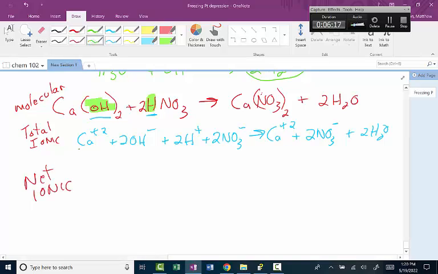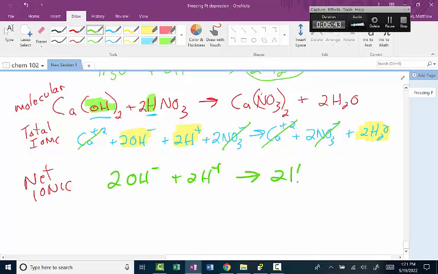So the calcium cancels on both sides, the nitrates cancel on both sides, and I end up with 2 OH minus plus 2H plus yields 2 water. And so my net ionic reaction is 2OH minus plus 2H plus, the easier way to write it, yields 2H2O. That's it. There's lots of these that you can do. Practice them.